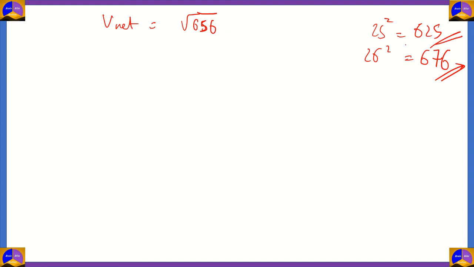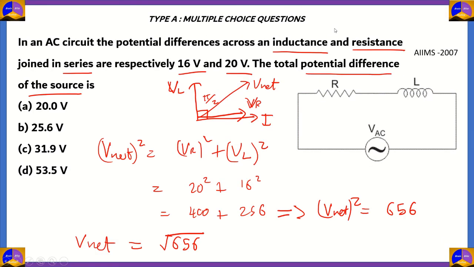And 656 lies in the middle, and it is closer to 26 square. Again, the reason why we're following this shortcut method is due to the options given in the question.